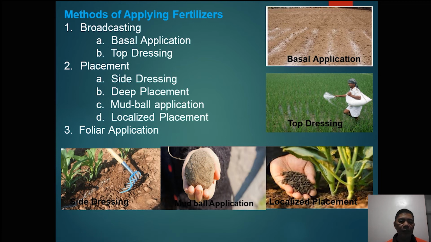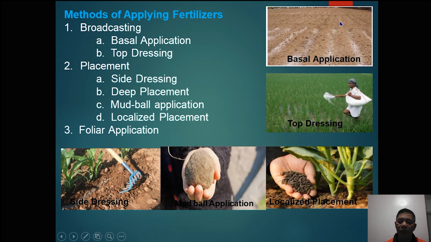Okay. Then we have placement. Under this method, we have a sub-method, side dressing. In side dressing, granting that these are plants, you need to pass a plow here, moving there, then go back. Then the next thing that a farmer does is to place fertilizer in the furrow.